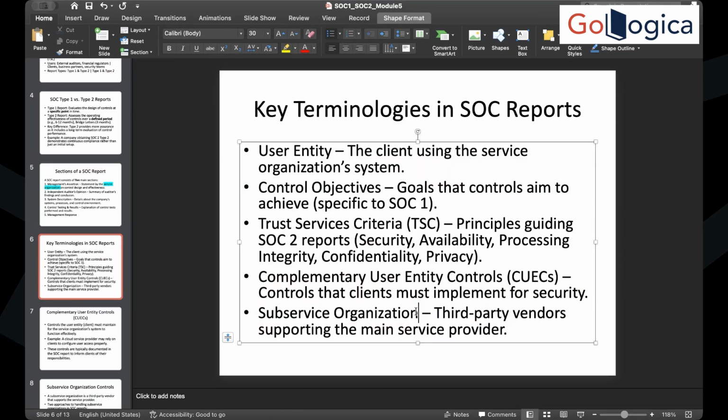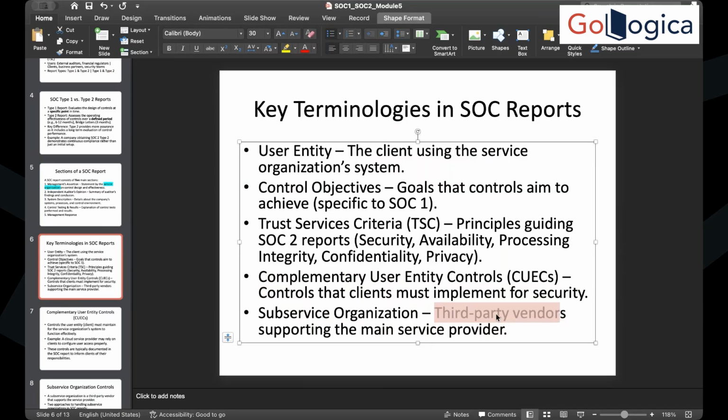So a sub-service organization in this case would be, for example, Cisco's data is hosted on Microsoft Azure. So Microsoft Azure would be the sub-service organization in this case. Now read this sentence. Third party vendor. Who is the third party vendor?